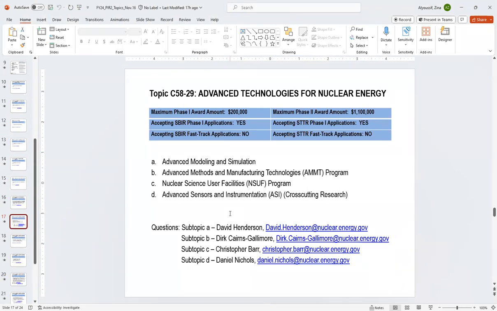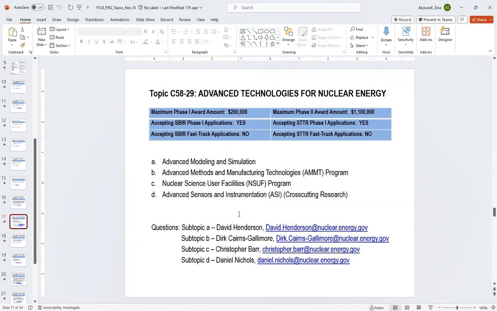Right. So I'm the program manager for the Nuclear Energy Advanced Modeling and Simulation program. So that's subtopic A in this area. We have a lot of subtopics, so I'll try to keep it pretty brief. Most of the discussion of what we're looking for is in the topic description itself.